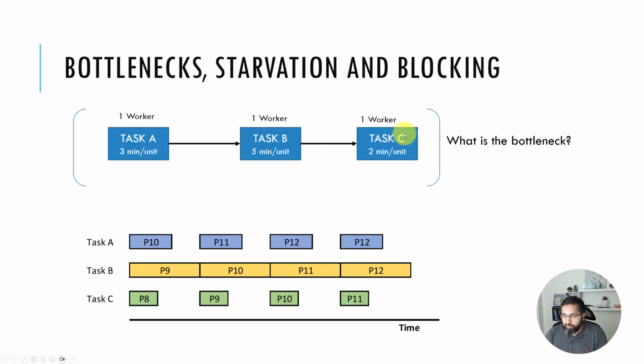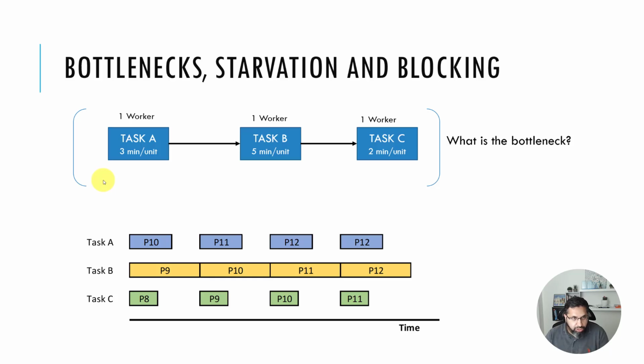So the first question we need to ask ourselves is, what is the bottleneck? If you recall the previous slide, we said bottleneck is the slowest part of the system, i.e. the part with the lowest capacity. But slow here means how many units it can give out per unit time.